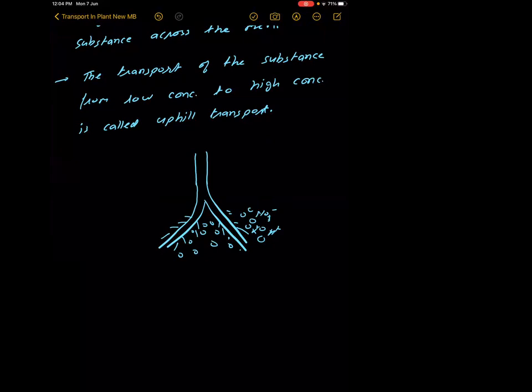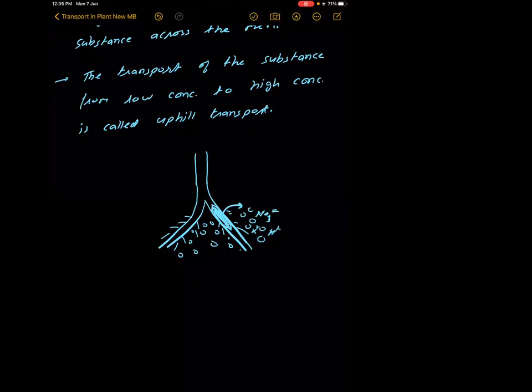Generally, most of the time here in the cell, the concentration of the cell sap is high. So what will happen? All these materials, especially minerals, should move outside the cell, because concentration is high inside the root hair, and outside the root hair the concentration of mineral is low.